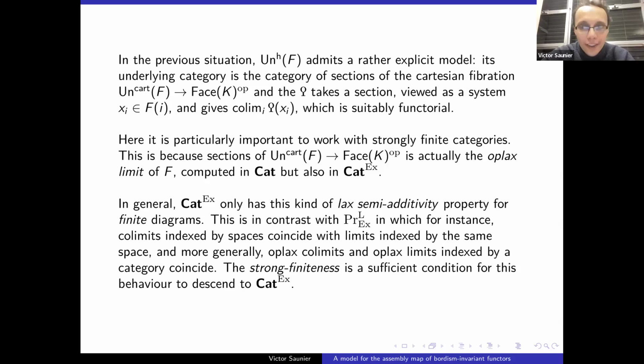Passing to the adjoint does nothing, and so the colimit and the limit are the same. More generally, it's true that in PrL, oplax colimits and oplax limits coincide. And this strong finiteness condition, you can also think about it as a sufficient condition for this very nice phenomenon to descend to stable categories.